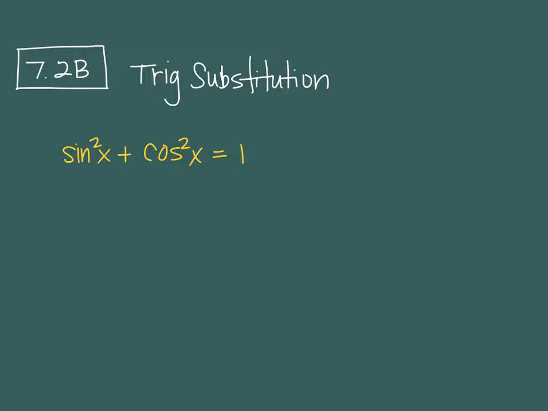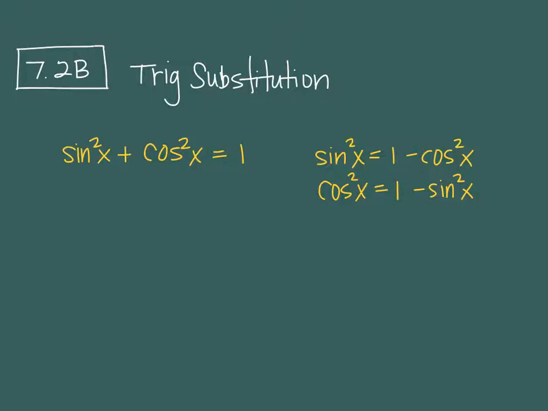You could also say sine squared is 1 minus cosine squared, and cosine squared is 1 minus sine squared. But it also has iterations that involve cosecant and tangent and secant and cosine, so you've got the different variations on that.